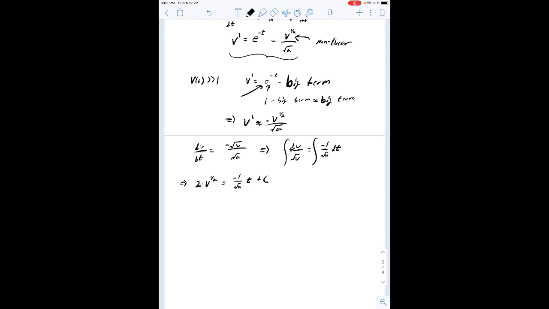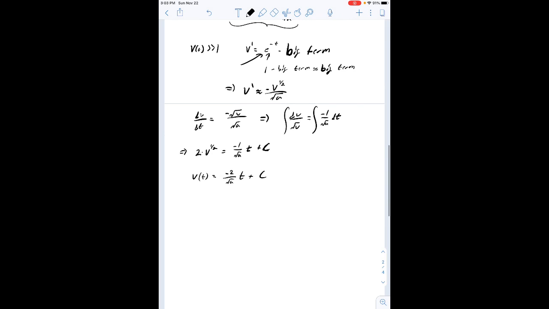And then since these are both indefinite, we'll have to add a plus c, and our plus c is just right there. So now we get our v to the 1/2 as a function of time is equal to negative 2 root a t plus, I'm just going to keep it as c. Technically it's this c times 2, but I'm just going to leave it as some constant. And then this is still v to the 1/2, so that means we'll need to square each side.